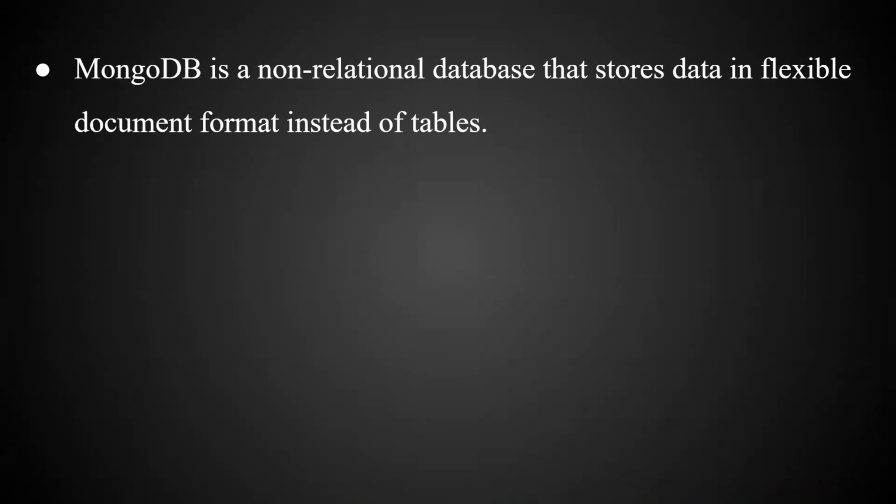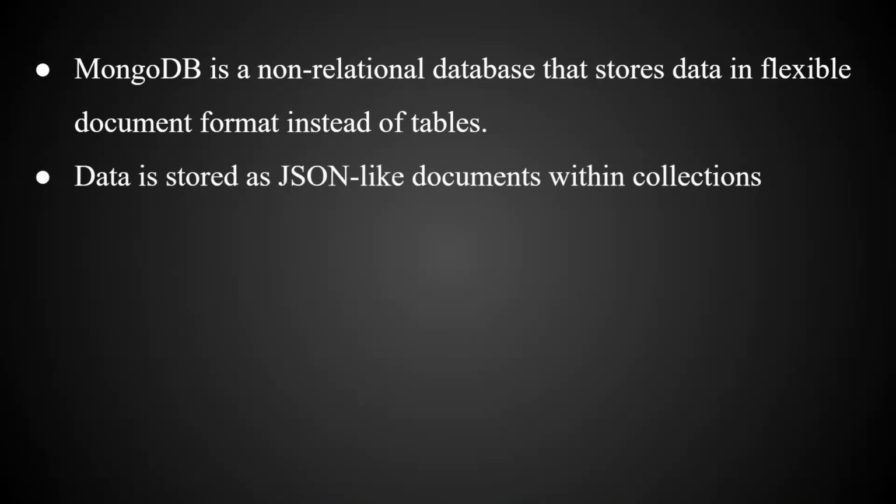So we already discussed this part. As I have said, in MongoDB database, we store the data in object format, and that object format in MongoDB terms, we call a document format. That is the reason here I have added: MongoDB is a non-relational database that stores data in flexible document format. Document format is nothing but object format, instead of tables.